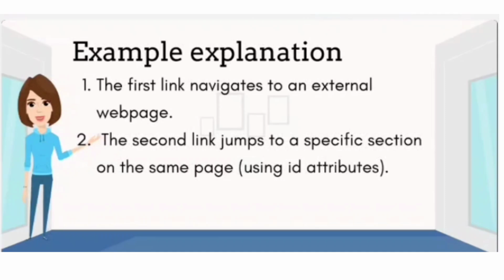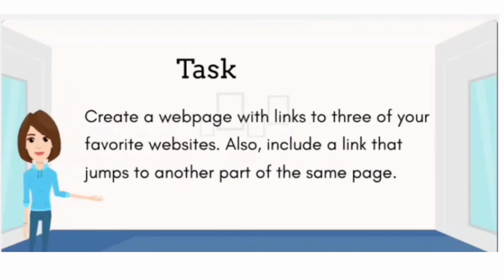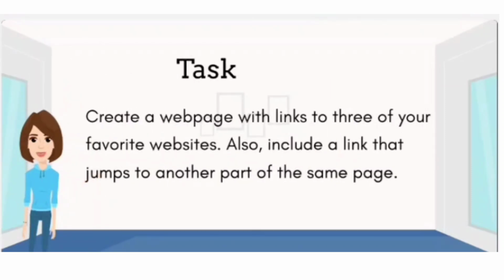The first link navigates to an external web page. The second link jumps to a specific section on the same page, using ID attributes. Create a web page with links to 3 of your favorite websites. Also, include a link that jumps to another part of the same page.